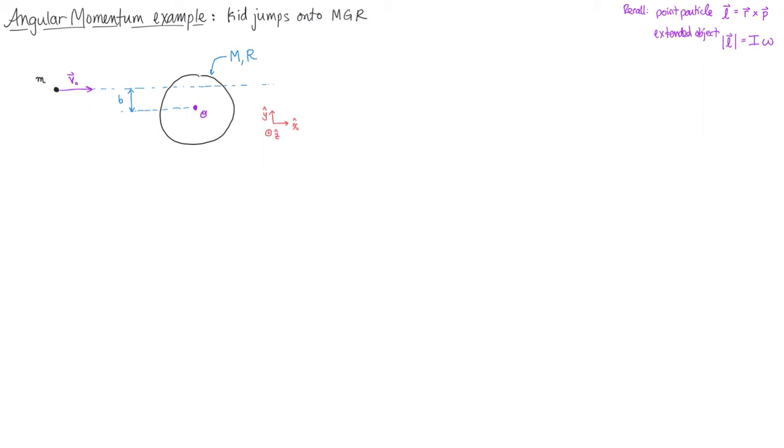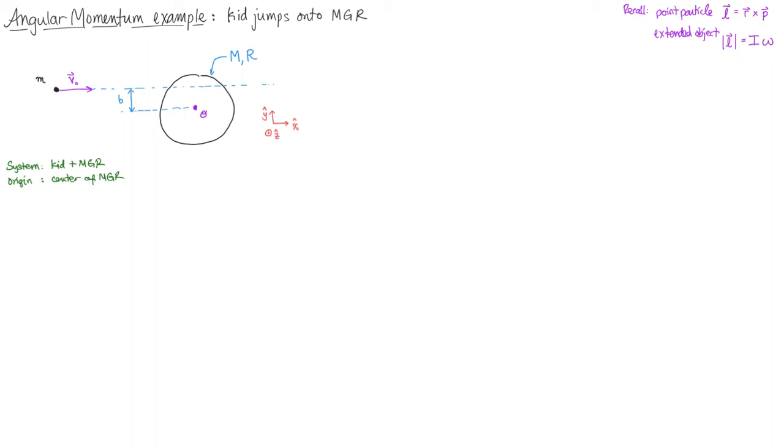Okay, and let's be really explicit here. We'll call our system both the kid and the merry-go-round, and our origin, which we need to define position vectors and so on, will be the center of the merry-go-round. And we've indicated that with this purple point right there.